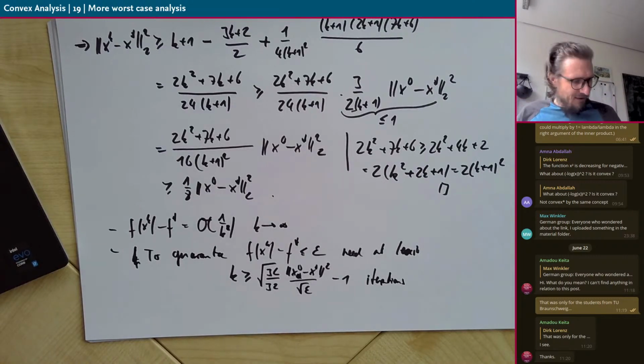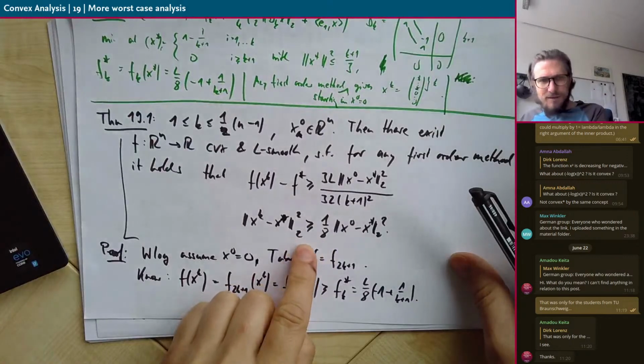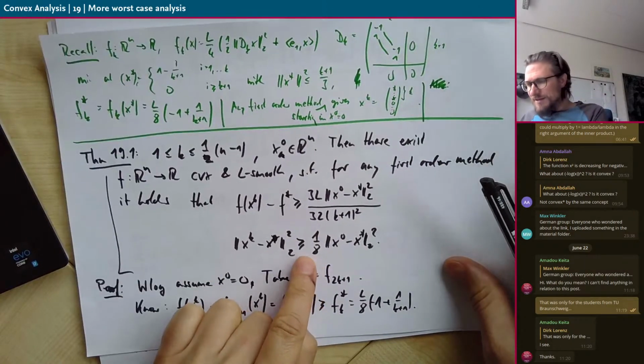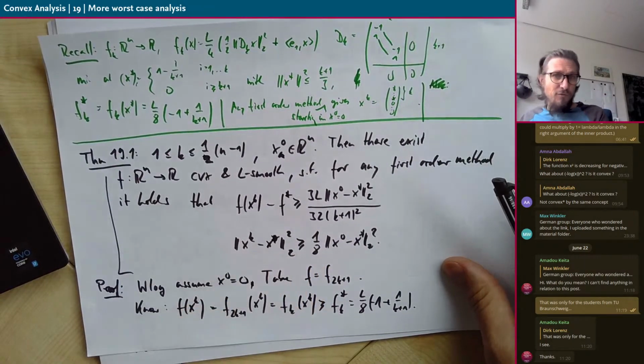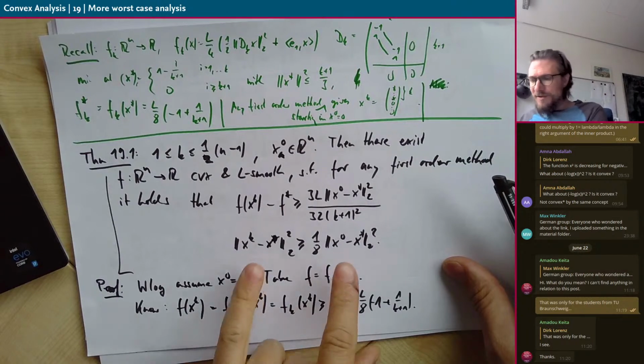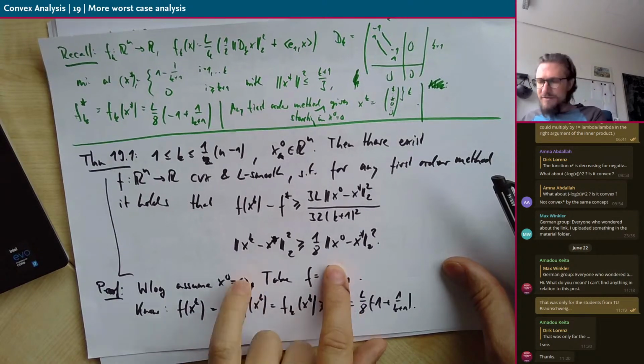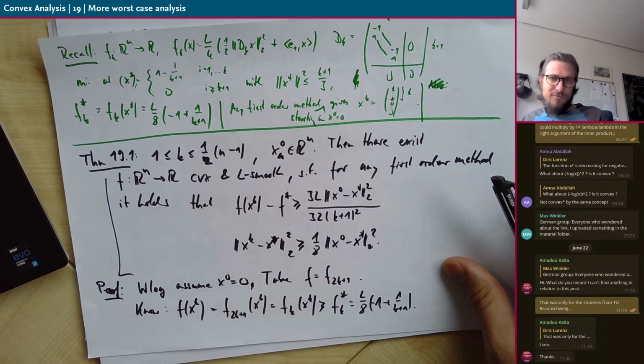And another takeaway from this is the interpretation of this result: the iterates converge, we can show that, but they may converge arbitrarily slowly.